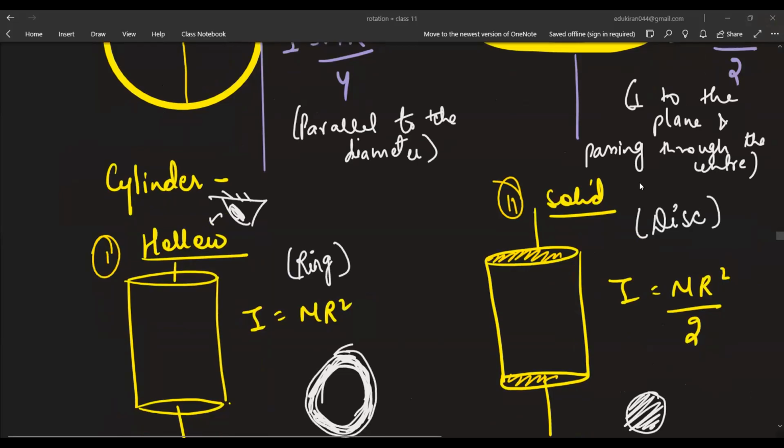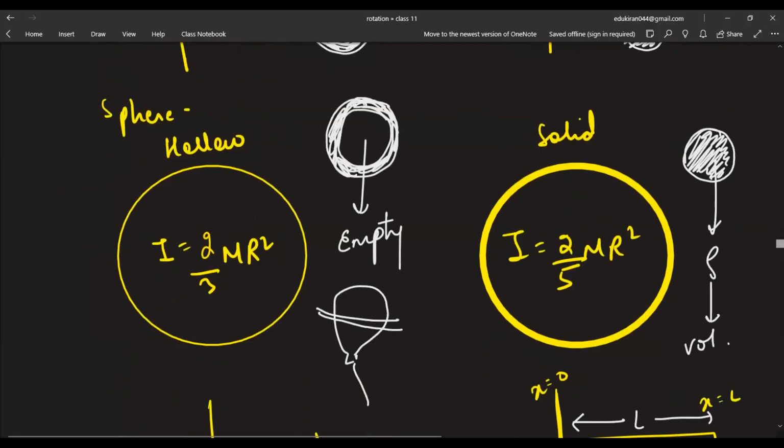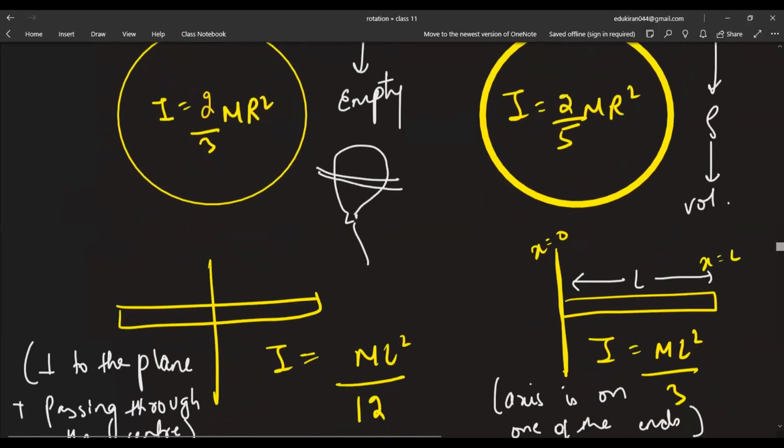Okay, sphere. Ali, solid sphere and hollow sphere. Solid sphere is 2 by 5 mr square and hollow is 2 by 3 mr square. Correct. Very good. Then we had seen the cases of rod also.